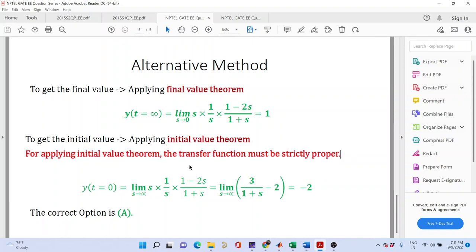So if you are given an improper function or only a proper function, you break it into a strictly proper one. You break it like this. So this becomes a strictly proper function. Now you can apply this theorem on this part, and you will get this. This is something that you have to keep in mind while applying the initial value theorem.